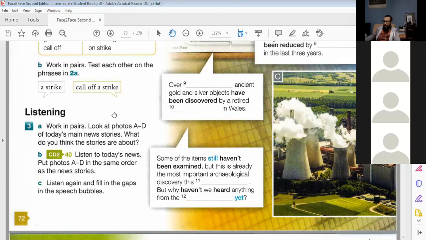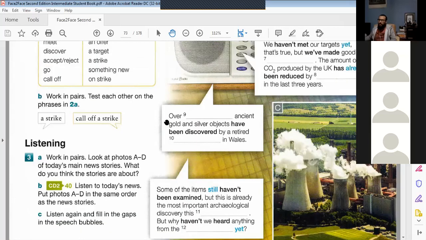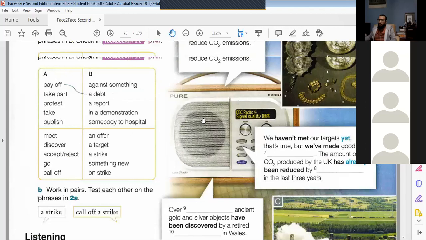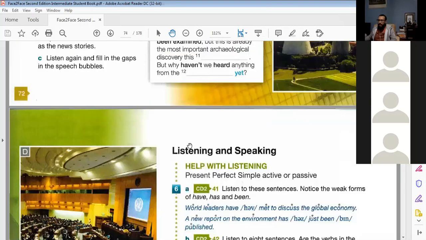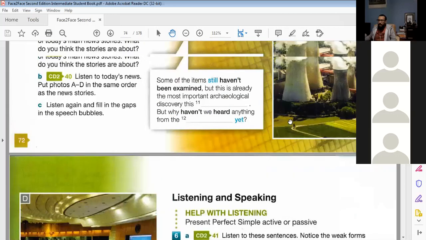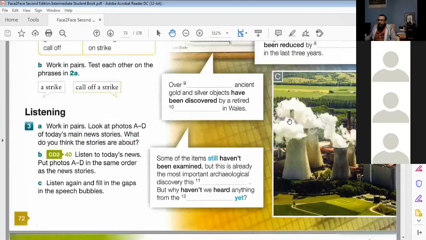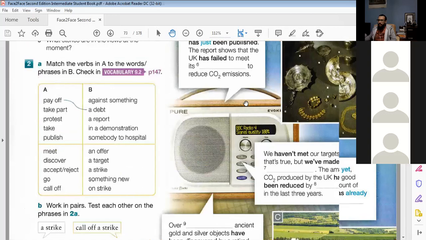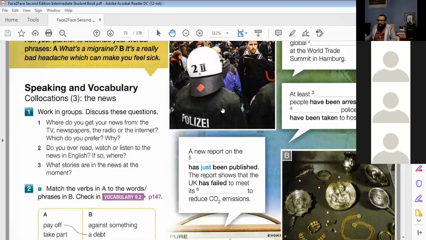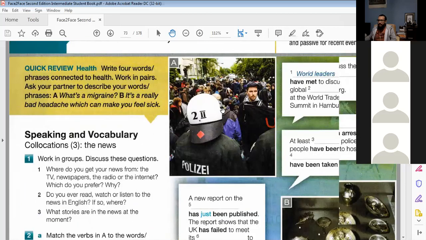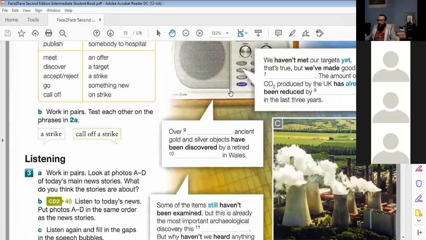Okay, so I know you heard a lot of information, but we're going to listen again, so don't worry. So which picture did they talk about first? Is it A, is it B, is it C? I think C. Maybe A. The first one may be A and the second C. Second is C. Yes.